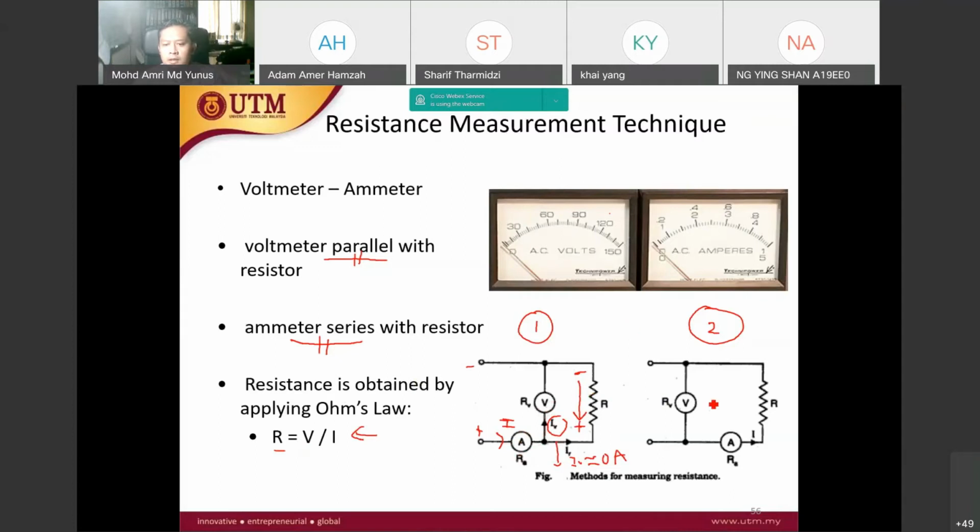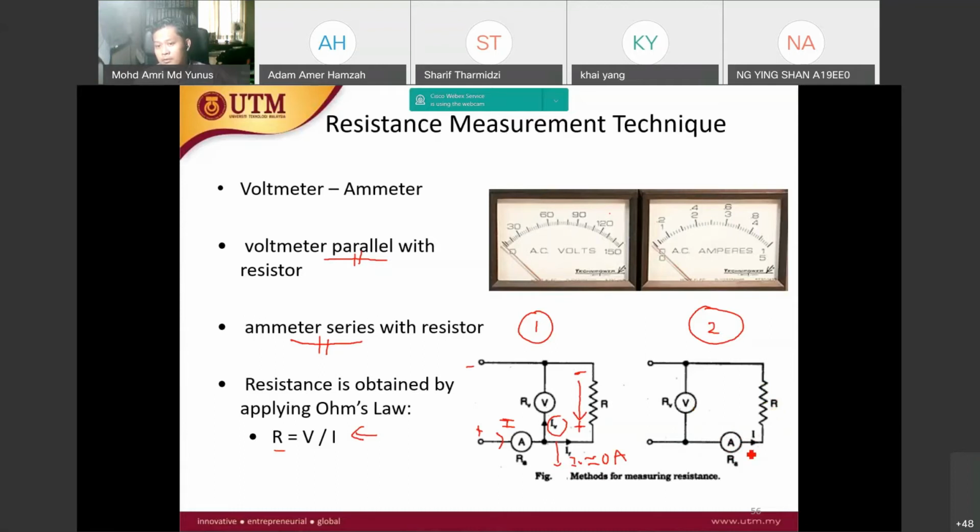In the second technique, we place the ammeter to measure the current that flows through the resistor R. In other words, in the second configuration, we put the ammeter in between the voltmeter and resistor.